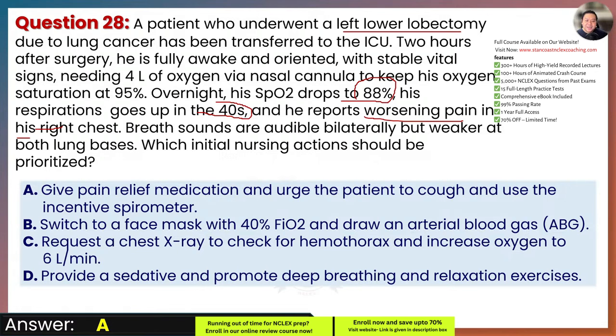Well, this focuses on treating the pain, which is likely contributing to the patient's difficulty with deep breathing and adequate lung expansion. After the lung resection, the post-op pain can severely limit the ability to take deep breaths, which can lead to atelectasis or lung collapse.